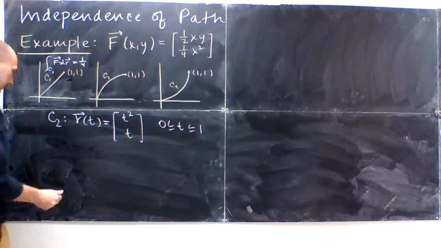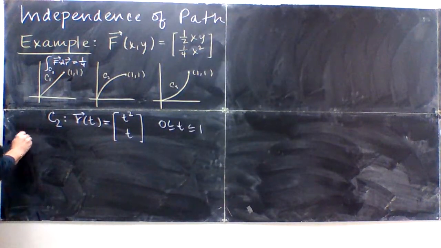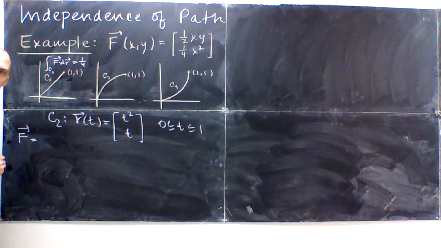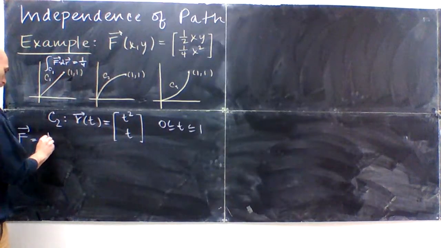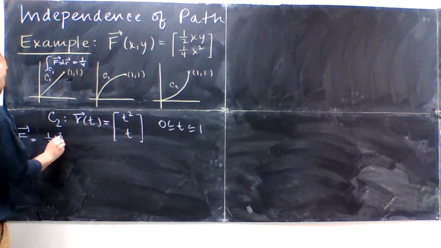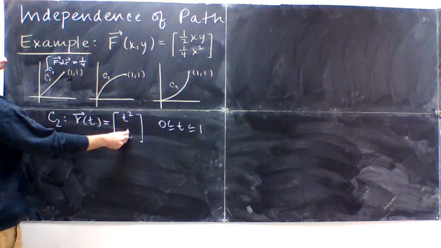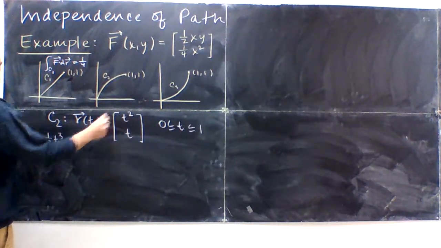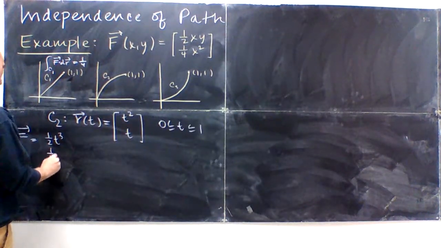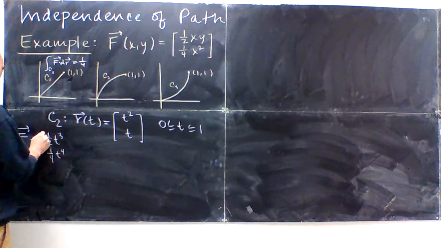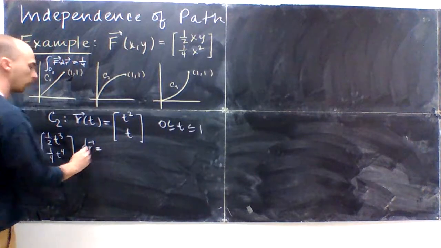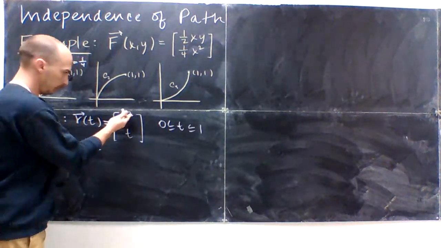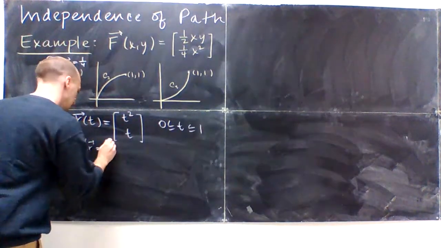So F is now going to be given by 1/2 x y, that's 1/2 t to the third, and 1/4 x squared is 1/4 t to the fourth. dr is going to be x prime of t dt and y prime of t dt.